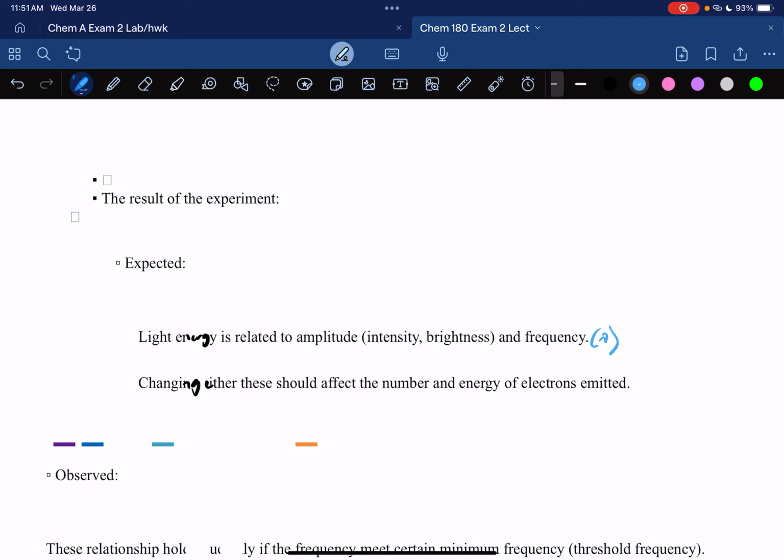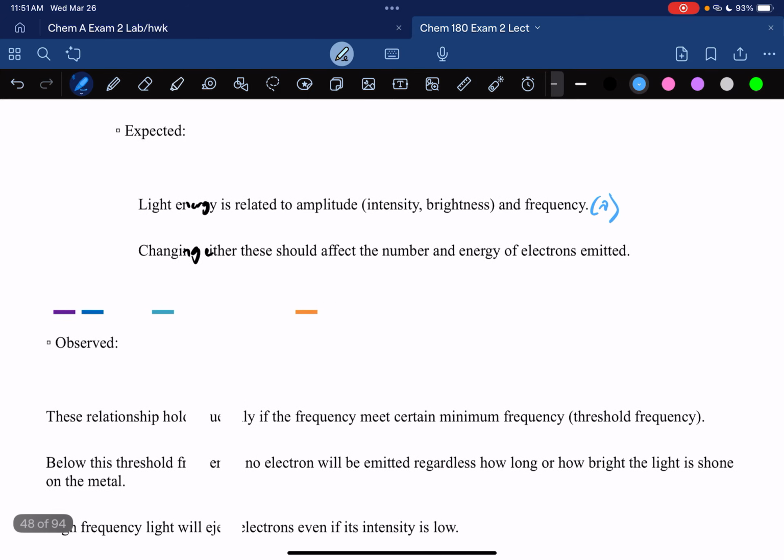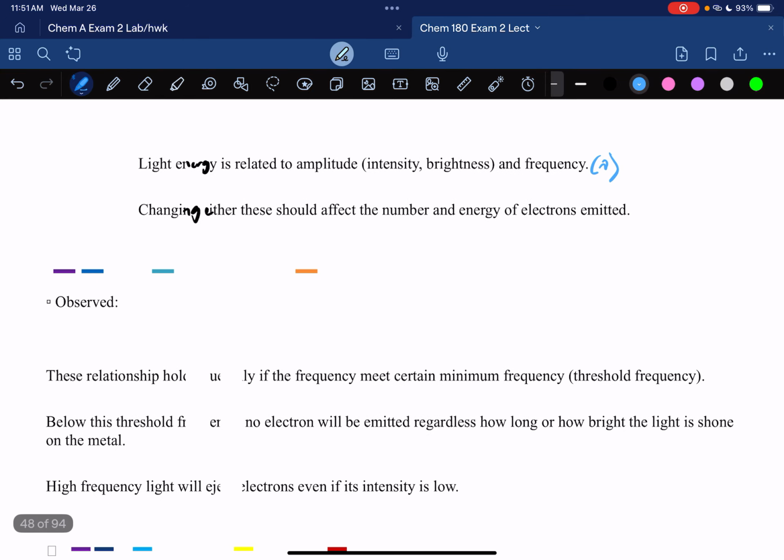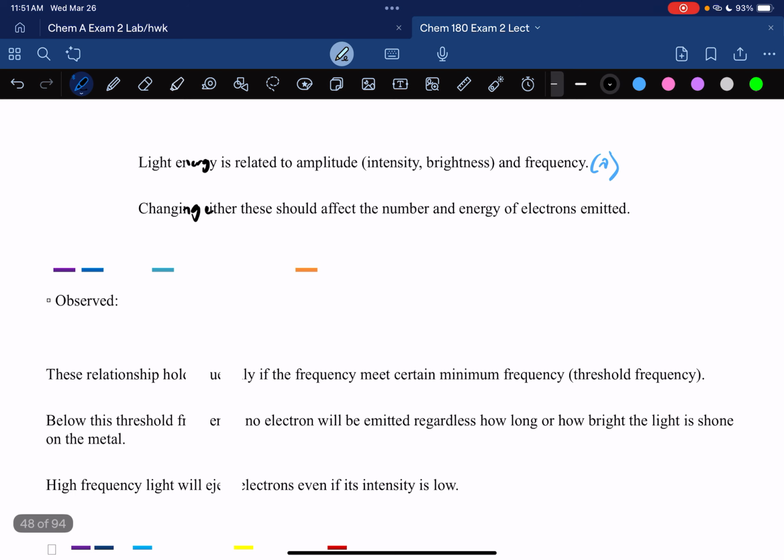That's why I'm saying we expect that, but what we saw is that this relationship holds true only if the frequency meets a certain minimum frequency. Only when the frequency is high enough can the electron be ejected. If you meet that threshold of frequency and then change the amplitude, does it increase the number of electrons emitted?